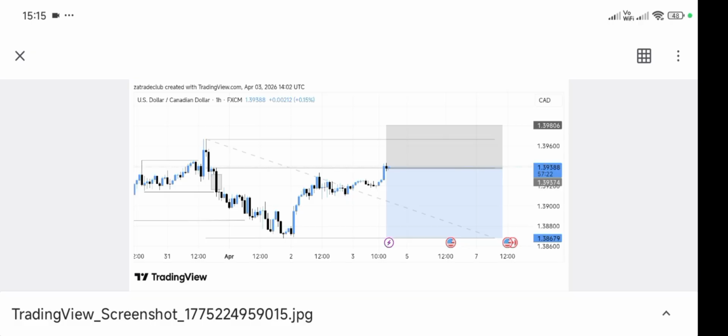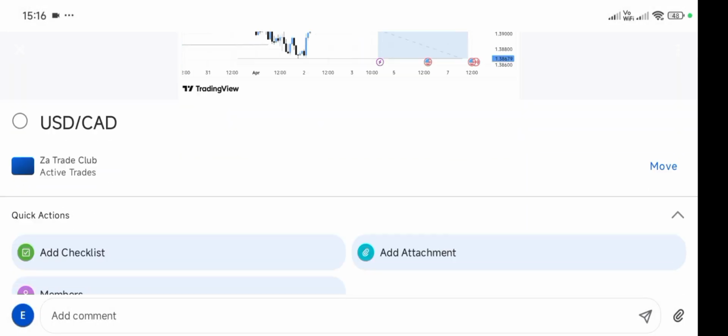We had a retracement that filled the imbalance, and our sell limit order was triggered at our point of interest. We got into the trade on Friday the 3rd of April and held the trade throughout the weekend. So I will be looking into the next week to see how these trades turn out, whether they are winners or losers.